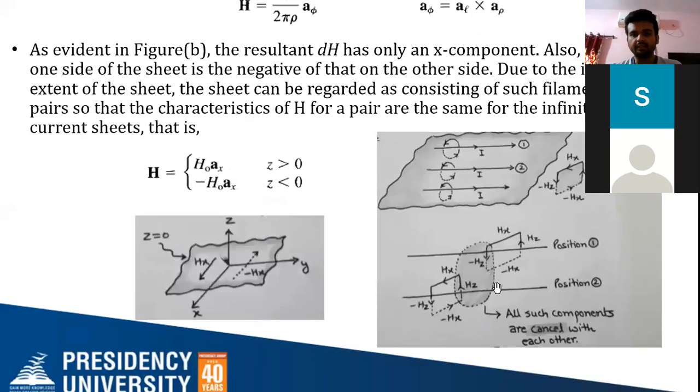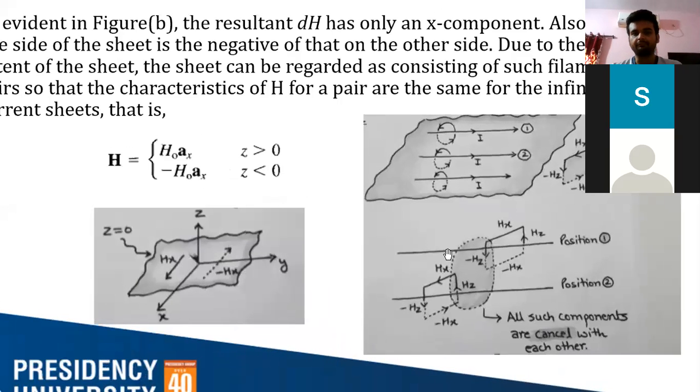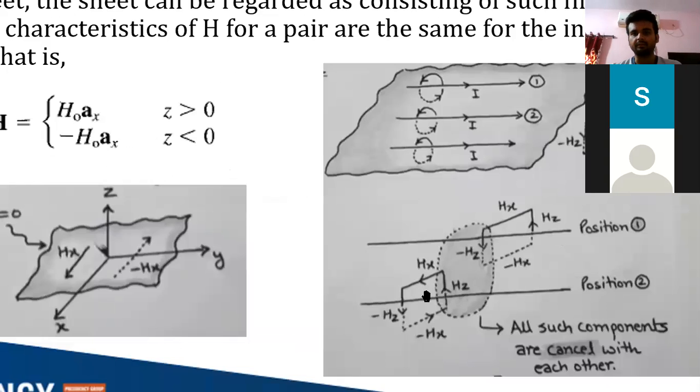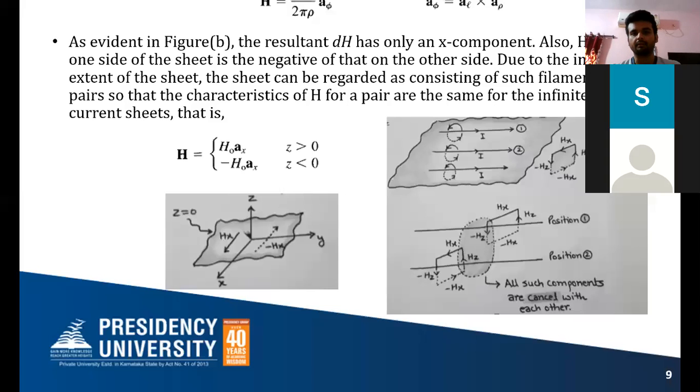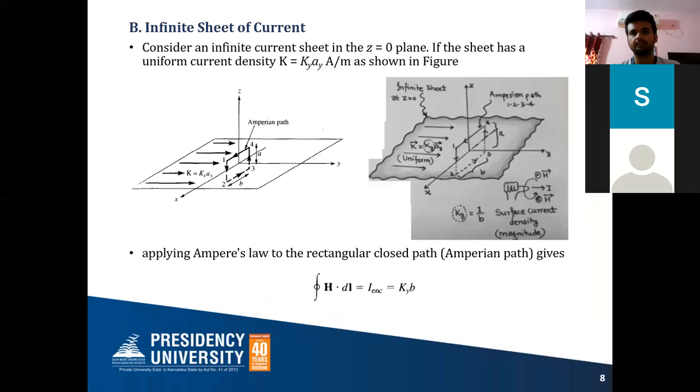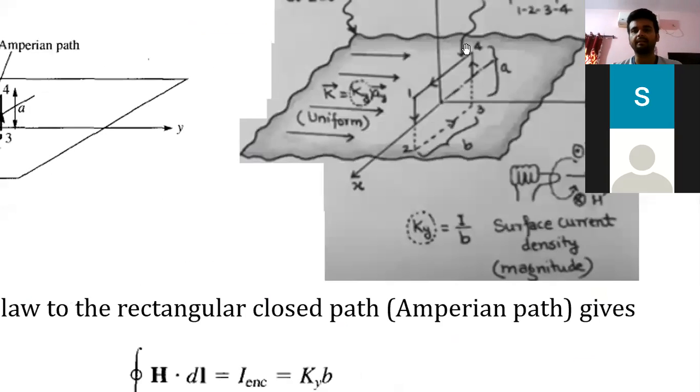See, I had explained here the magnetic field on the z-axis due to this component will cancel out each other. Are you getting it? See here, due to this length, what is the breadth over here? A, right? So due to this component, the magnetic field intensities will cancel out each other.